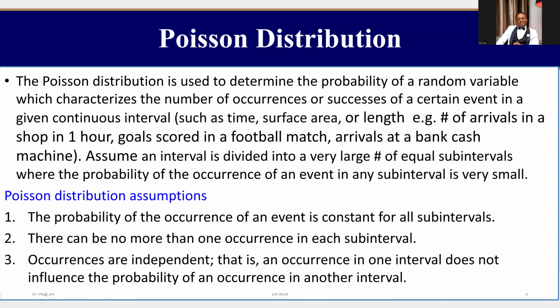It will not give you the probability, it will give you the average probability, because Poisson has some exponential distributions in there. And so it's not binary like binomial has.